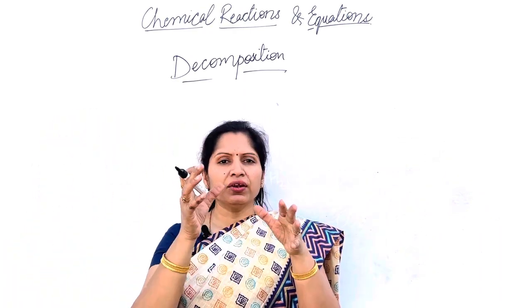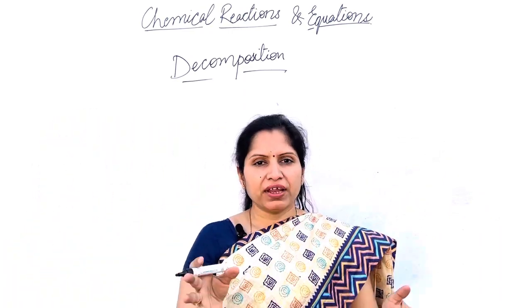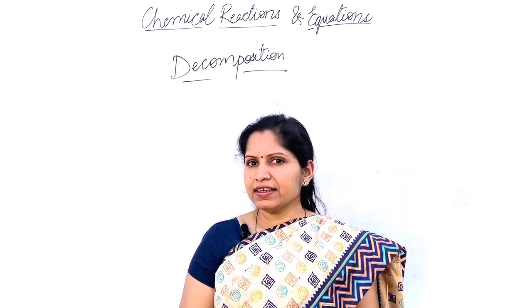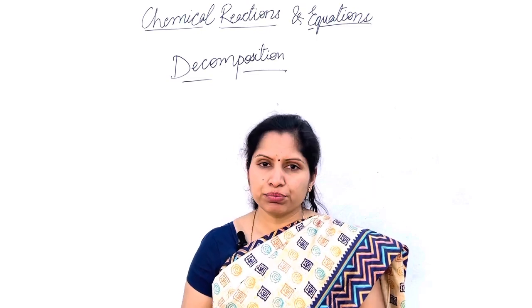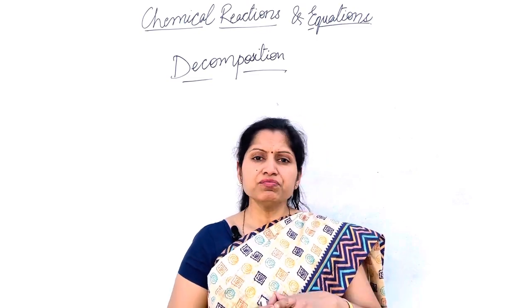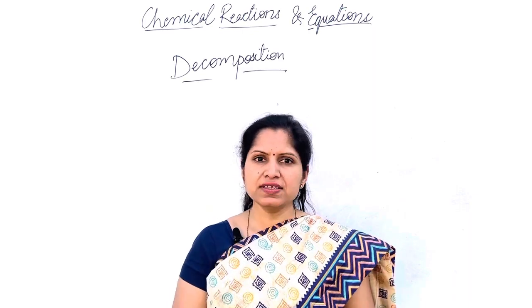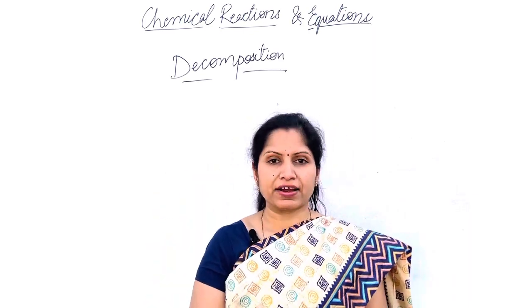Decomposition means when one reactant is breaking down to form two or more products. That type of reaction is known as decomposition reaction. Okay, a single reactant breaking down into two or more products, that is decomposition reaction.